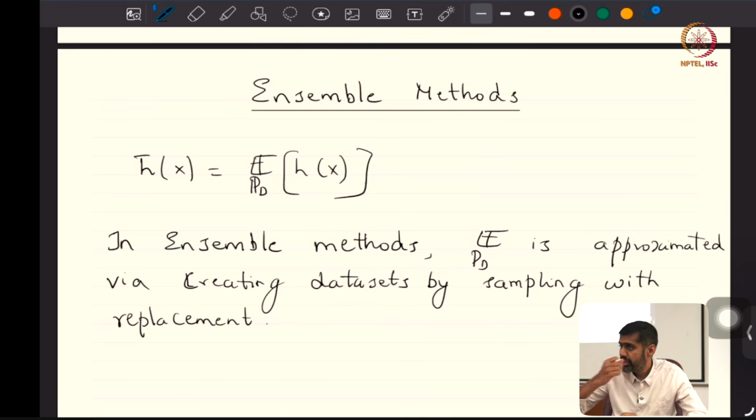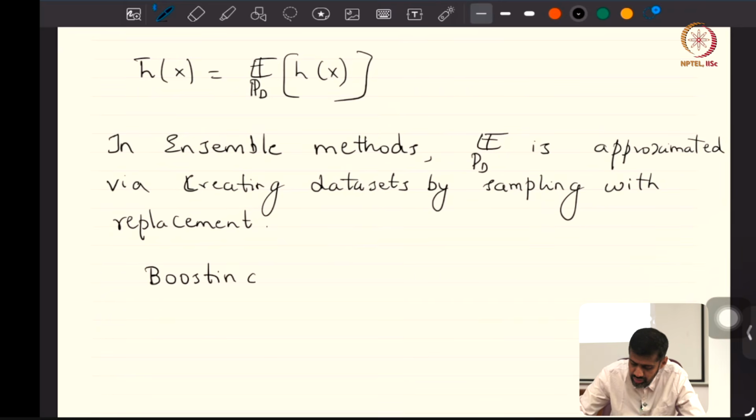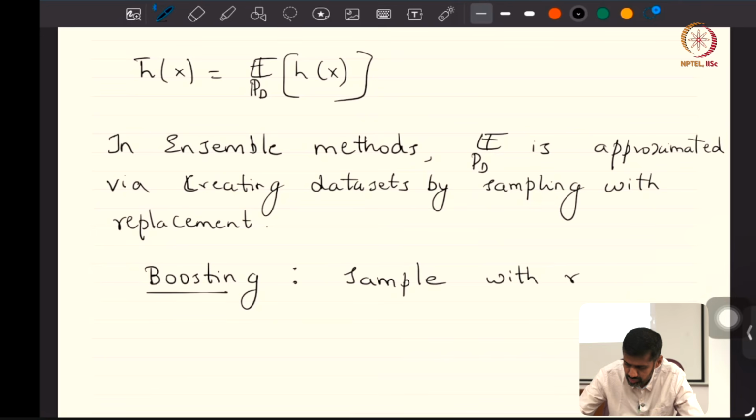Create multiple data sets by sampling with replacement and then build hypotheses and then average them. So, that is what ensemble methods will do. We will look at multiple ways to do ensembling. One of them is what is called boosting, which is simply sampling with replacement to create an ensemble.